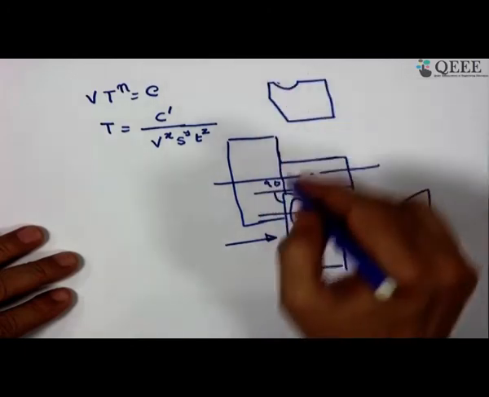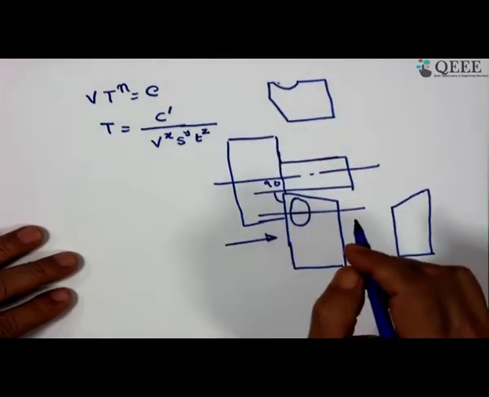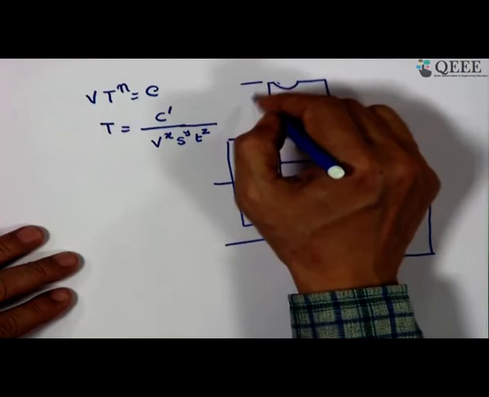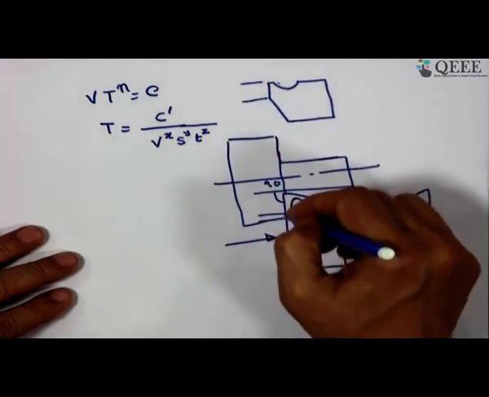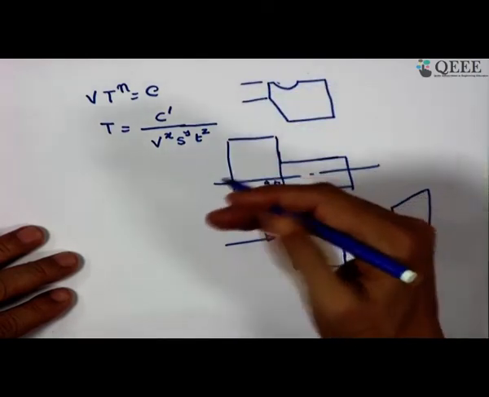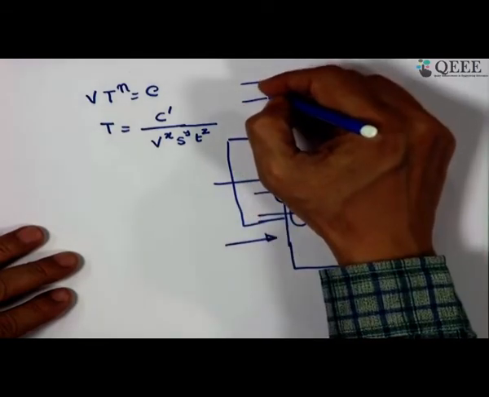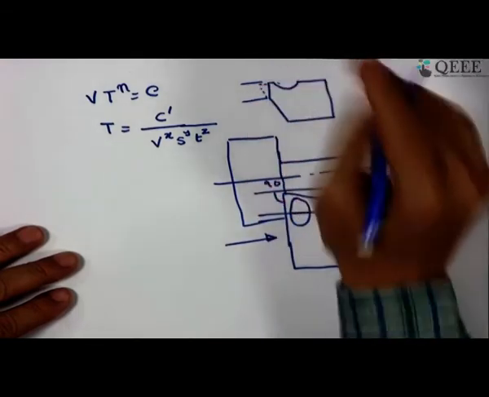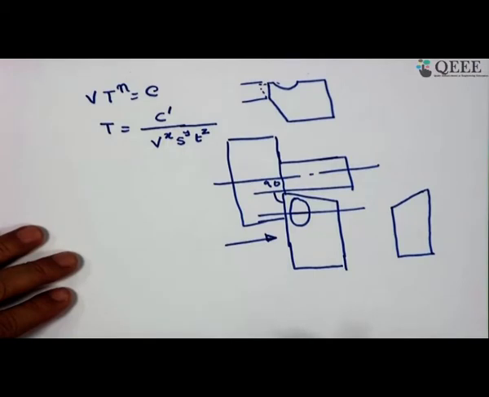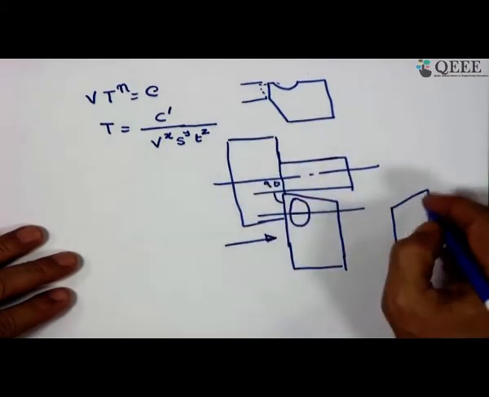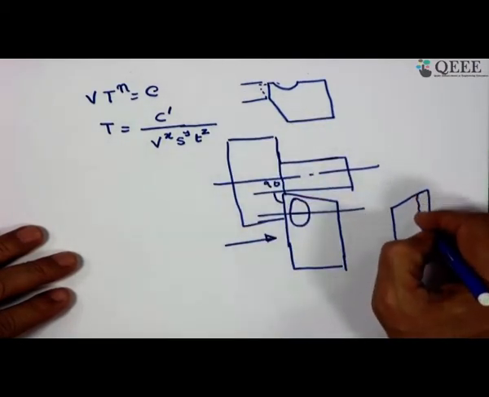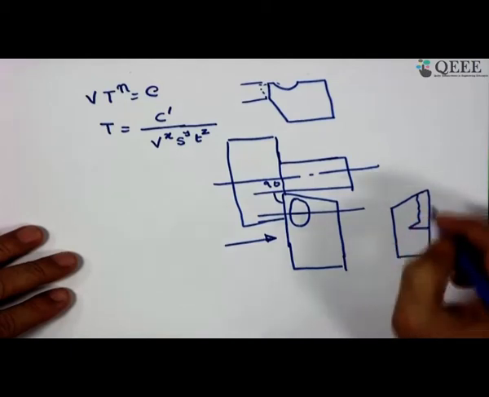And this is the flank wear. You see it from the cross sectional projection, because this material is gone, it has disappeared, and here from the side you can see this as the flank wear, and here you have the notch.